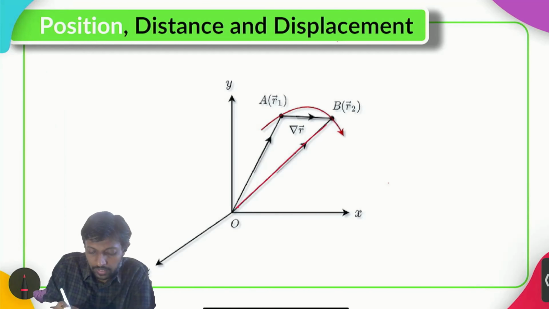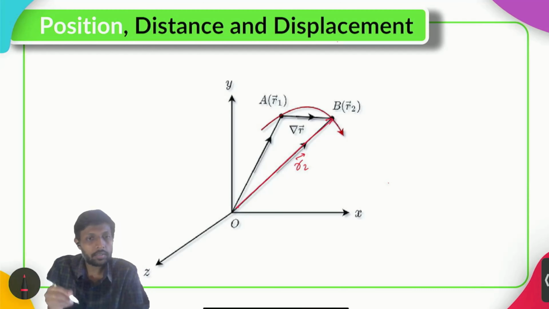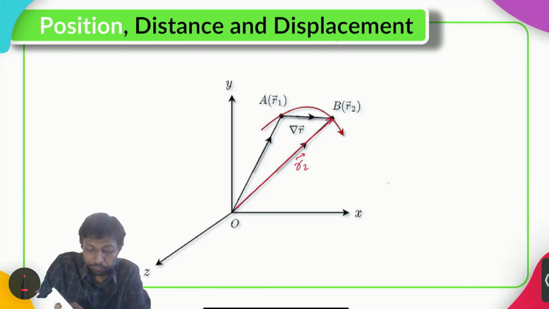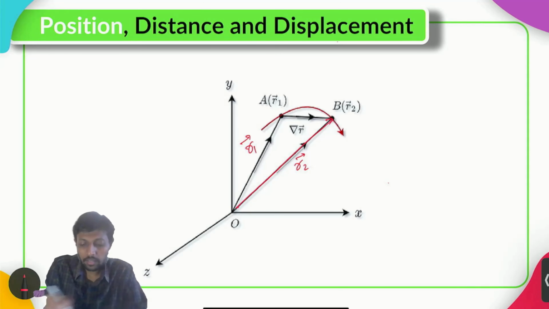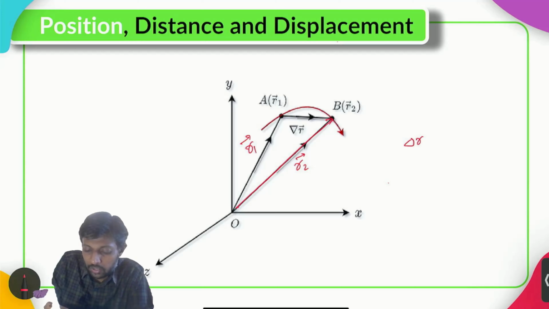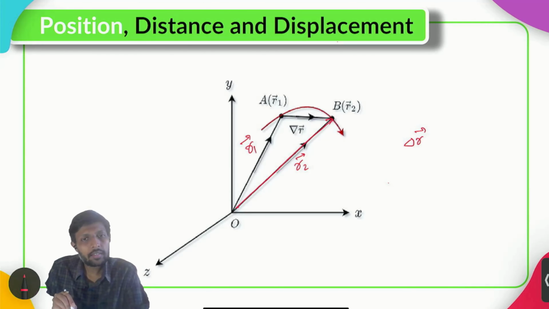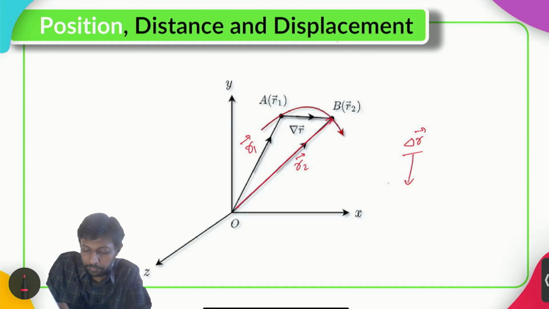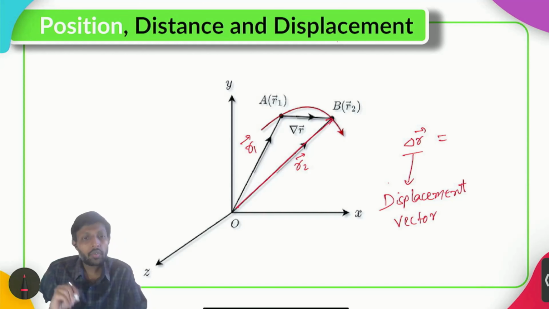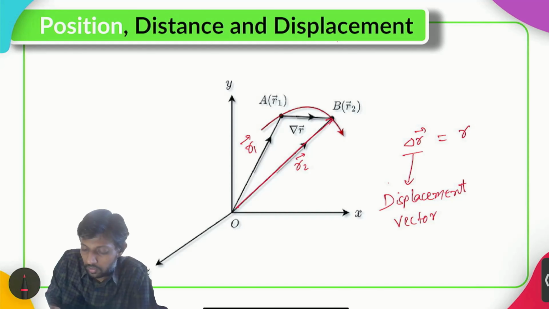So we all understand that R2 is the final position vector, remember, and R1 is the initial position vector. Now, displacement vector, let's call it delta R. This is defined as final position vector minus the initial position vector, R2 minus R1.